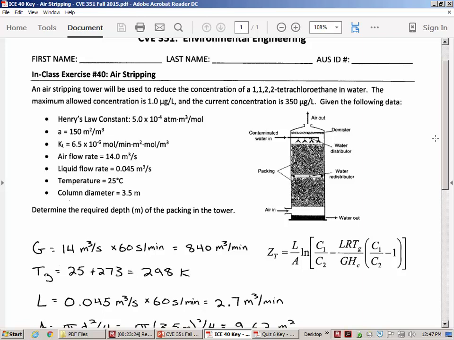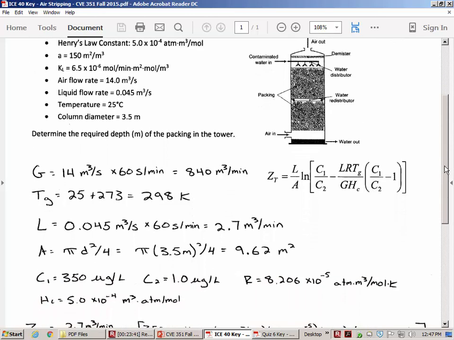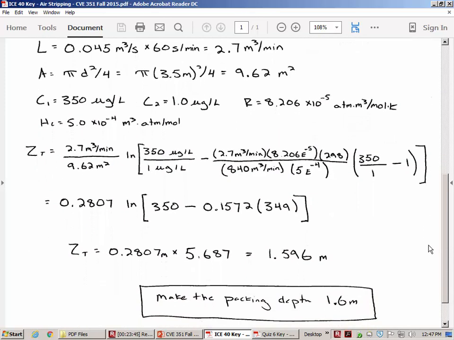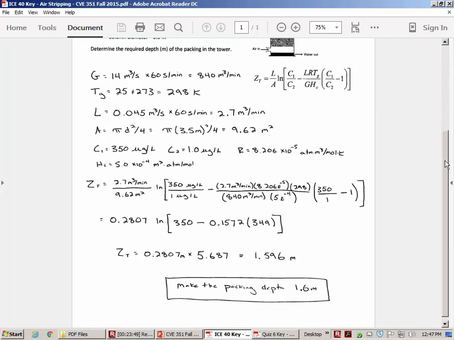They both have to be in terms of cubic meters per minute. And then the temperature should be in terms of Kelvin. So the cross-sectional area you can find from the diameter that's given. And from there, you just plug in the rest of the knowns to the formula, and we find out that the column should be 1.6 meters tall.